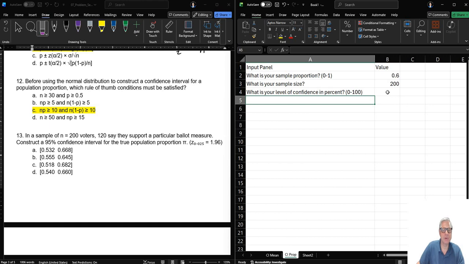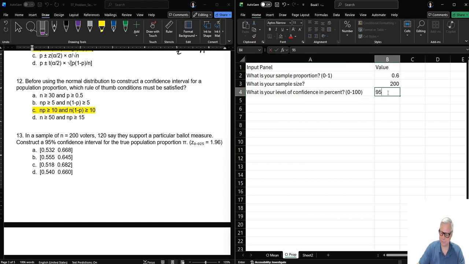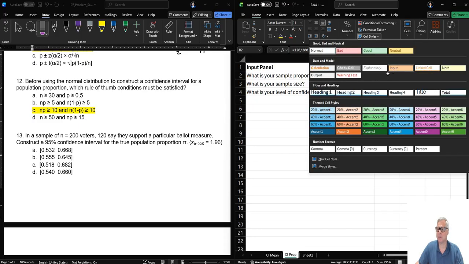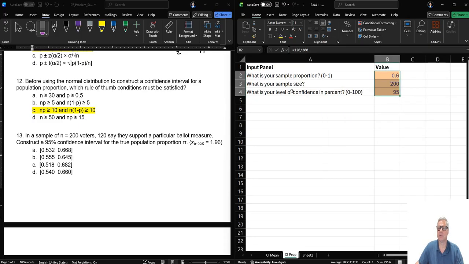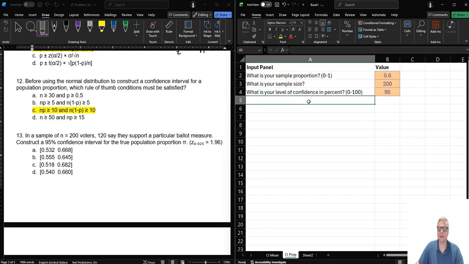So here we want the 95% confidence interval. 95%. Okay, so this is again our input panel. So we can format it nicely, and we can make that again a cell style corresponding to an input. Maybe center it. And okay, so now we have the output panel.